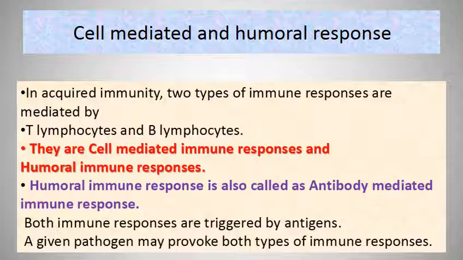The cell-mediated immune response is mediated by the T lymphocytes, and in this response these cells, the T lymphocytes, directly kill the infected cells. Whereas in the humoral immune response, antibodies are secreted into the blood and the lymph, and they mark the antigen for deactivation.